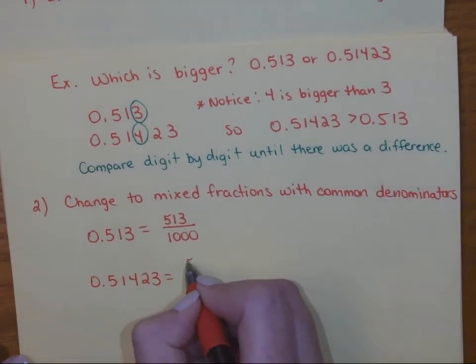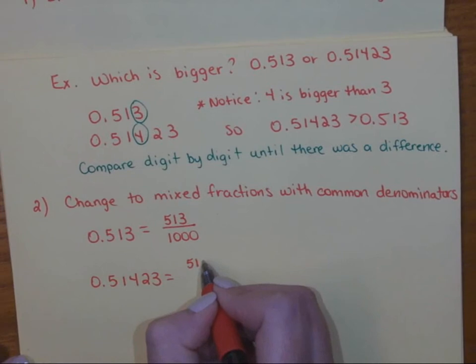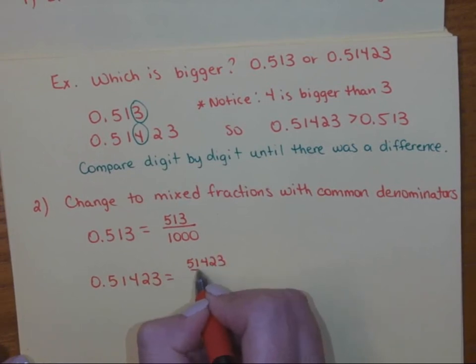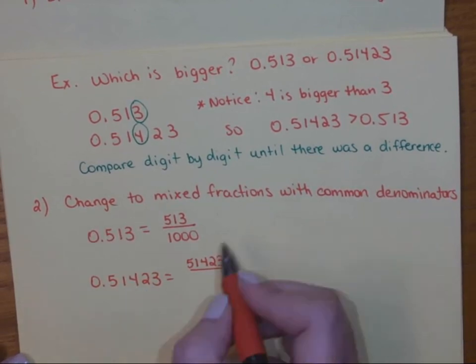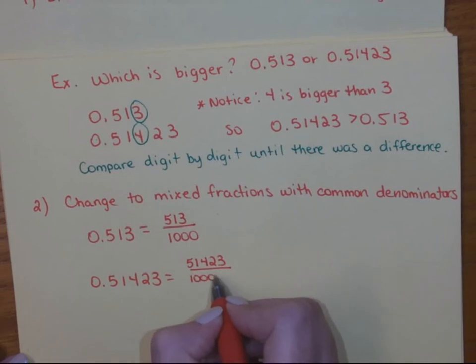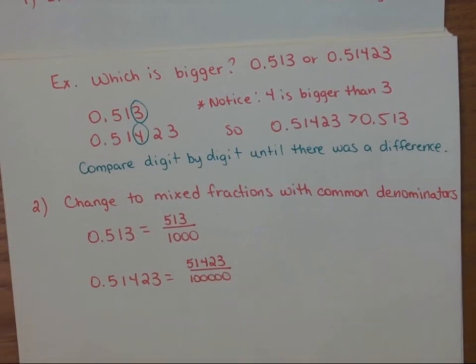What about this one? This would be 51,423 tenths, hundredths, thousandths, ten thousandths, hundred thousandths. So this would be 100 thousandths. Notice right now my denominators are certainly not the same. This is 1,000, this is 100,000.